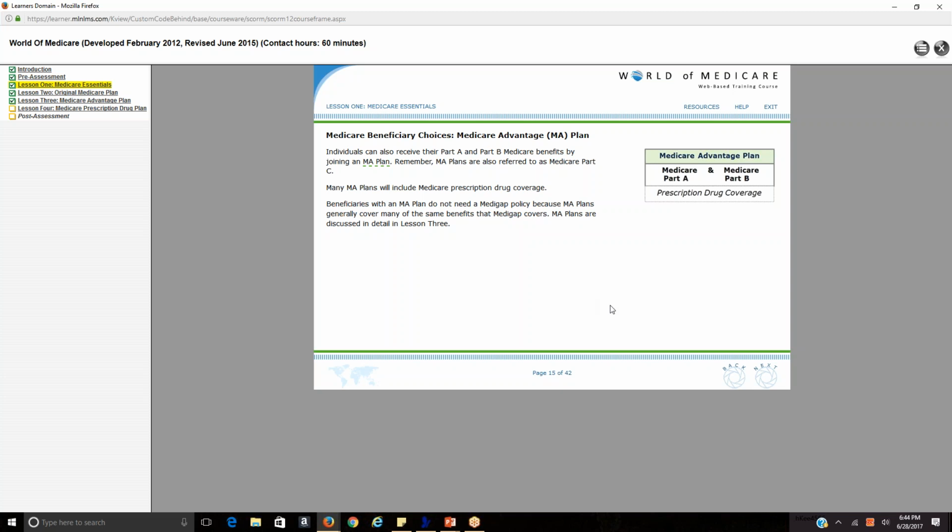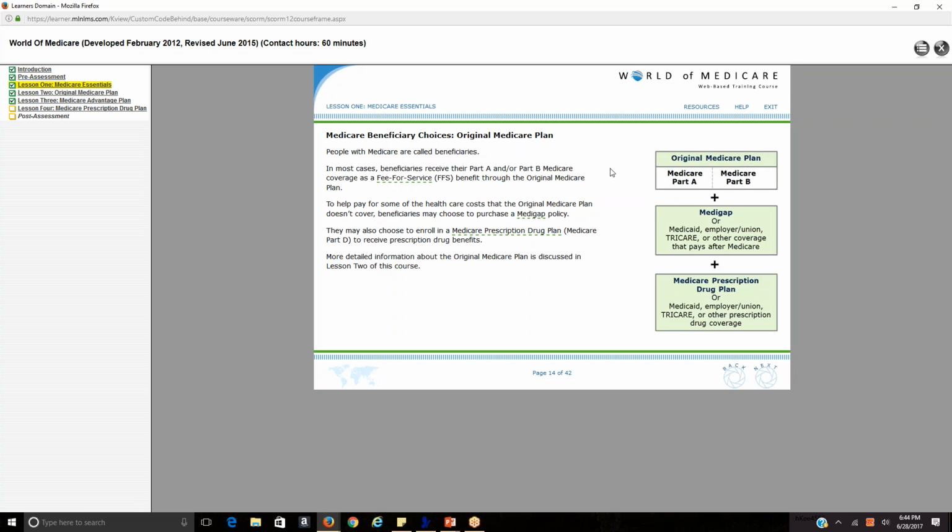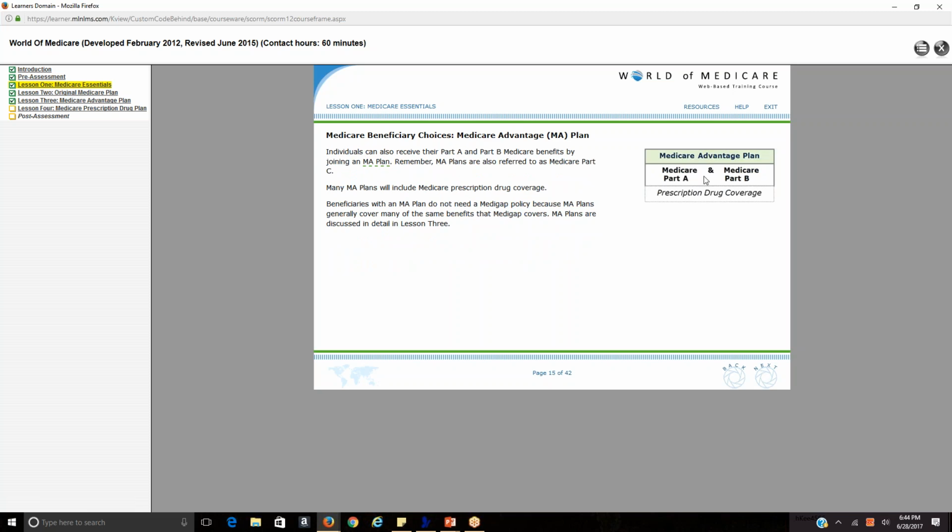So if you have to, for example, let's go back one slide. If you go with Original Medicare, you're going to be paying a premium for Medicare Part B, a premium for your Medigap, and a premium for your prescription drug. When you add all three of those together, it is probably going to be higher than a Medicare Advantage plan, okay?